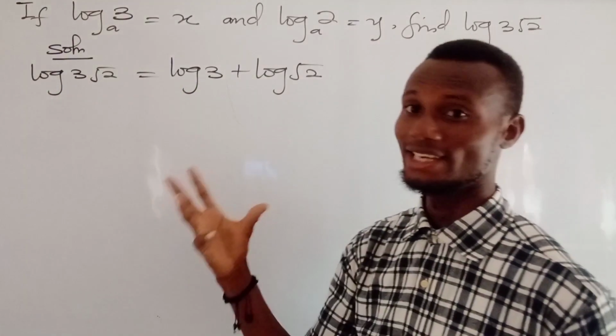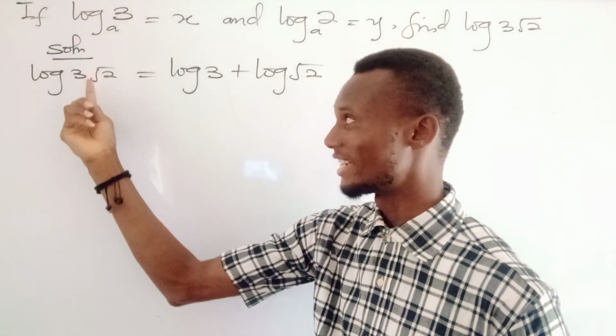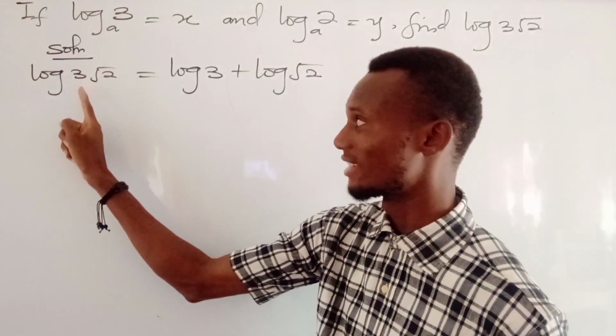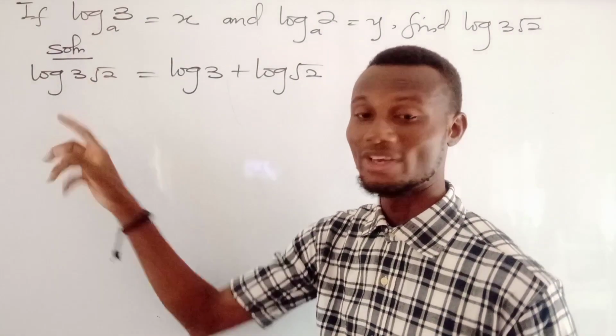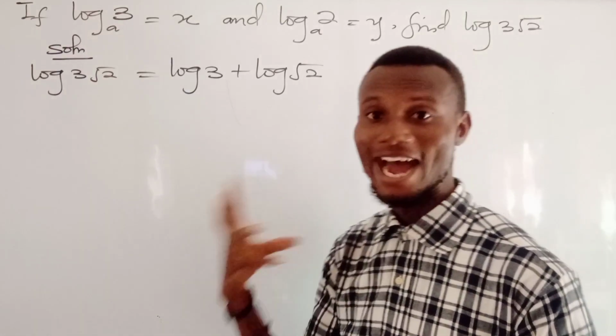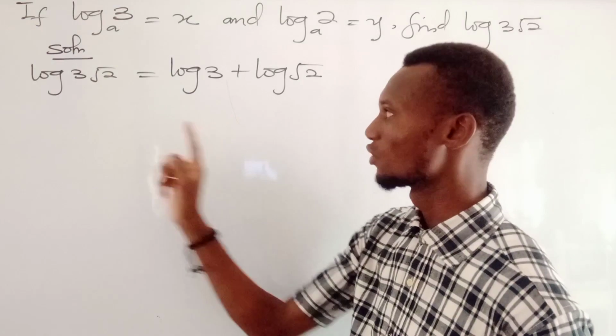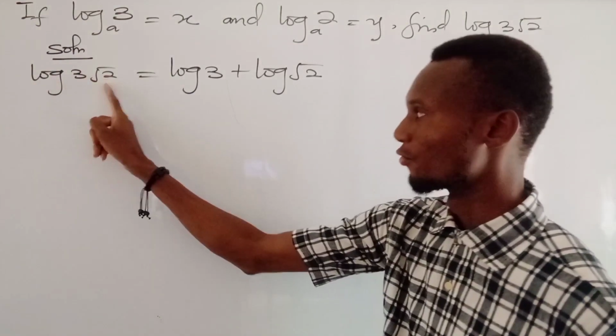Then we change the operation sign between them, the multiplication, to addition. So we are going to have log 3 plus log of root 2.